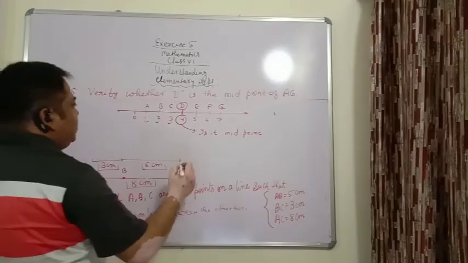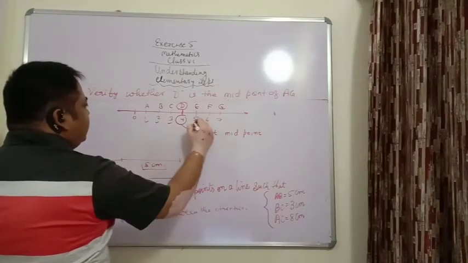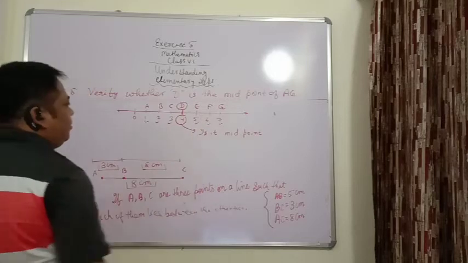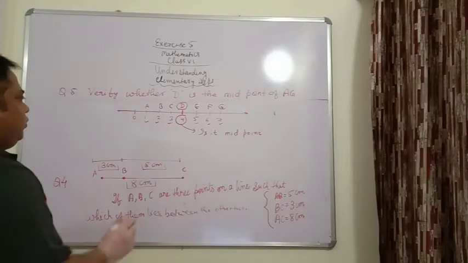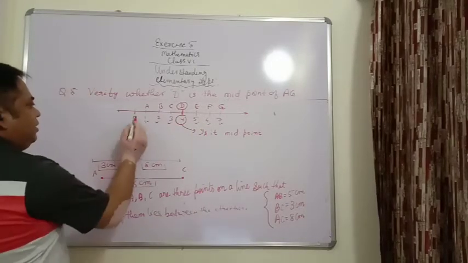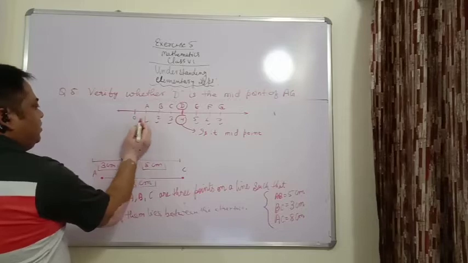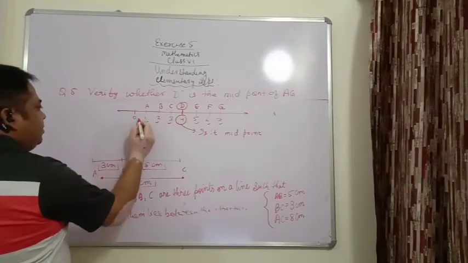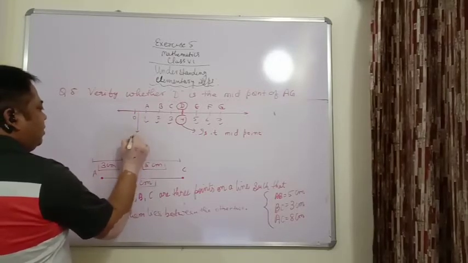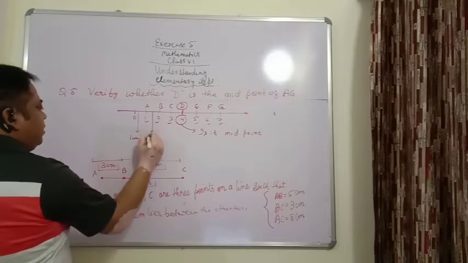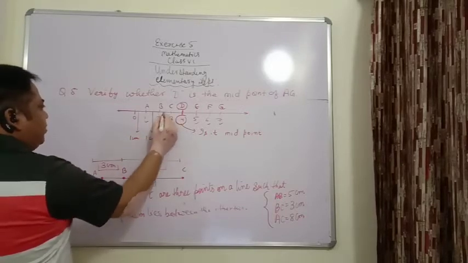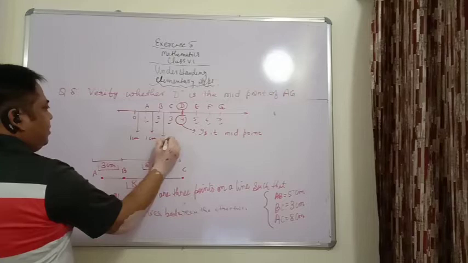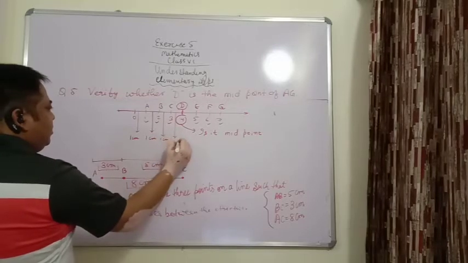And this side 3 numbers are there, 1, 2 and 3. But if you will measure it, say if 0 to 1 is equal to 1 centimeter, so this is 1 centimeter, this is another 1 centimeter, this is another 1 centimeter, and this is another 1 centimeter.